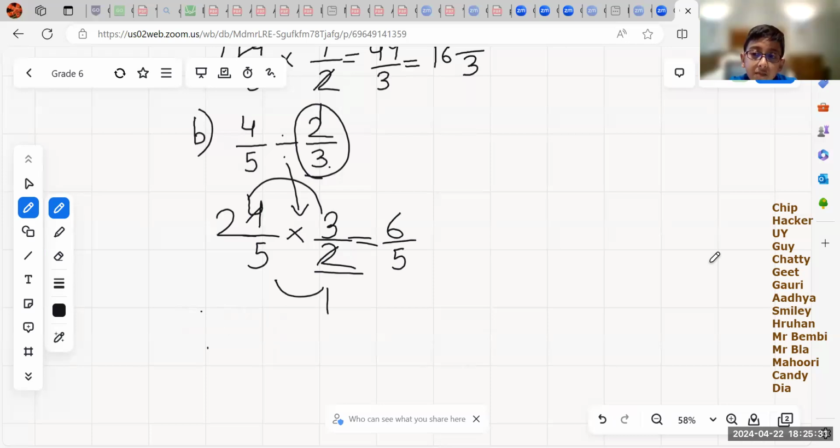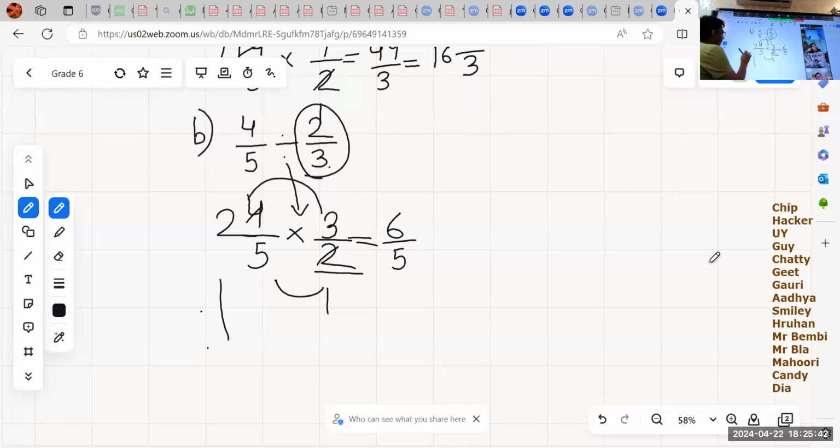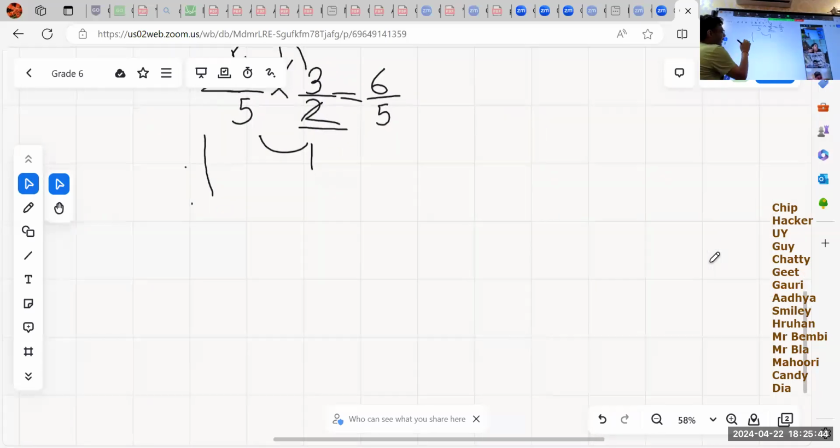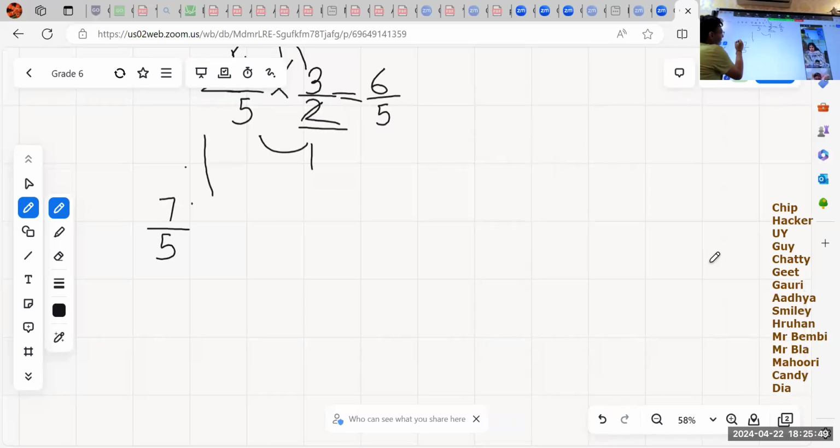Do we understand? Sir, how does this method work? Is there some science behind it? The science behind this, beta, is the definition of fractions: if you have 7 by 5, it means 7 divided by 5.